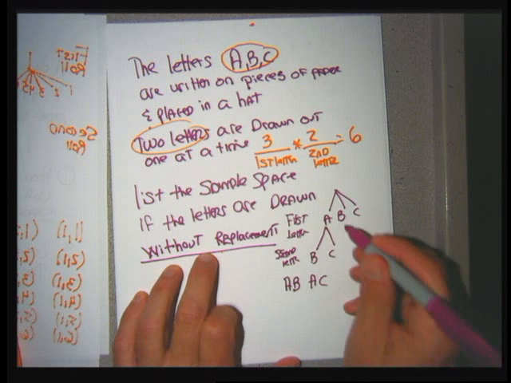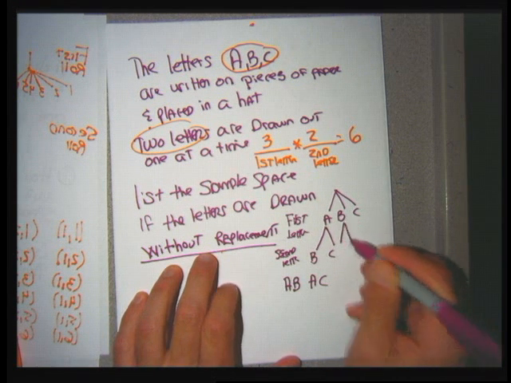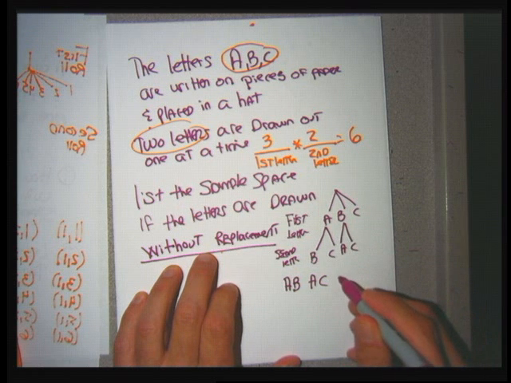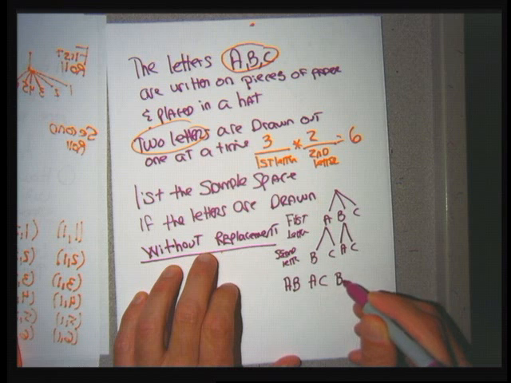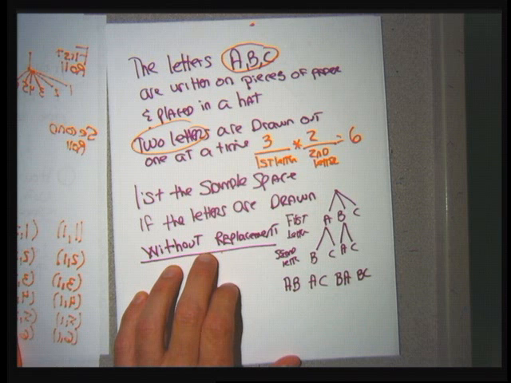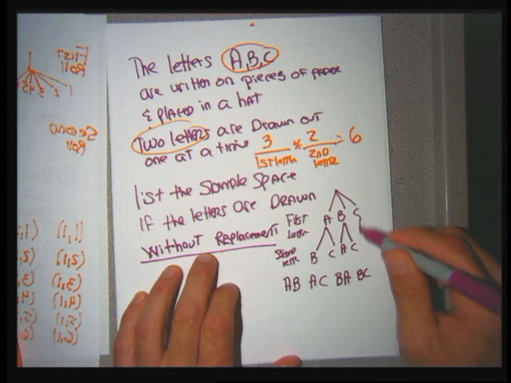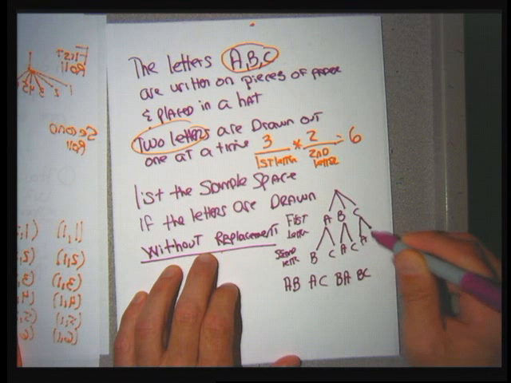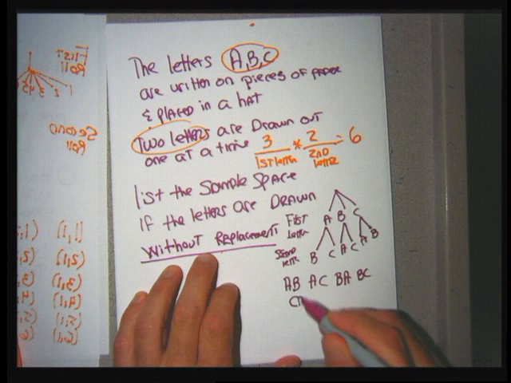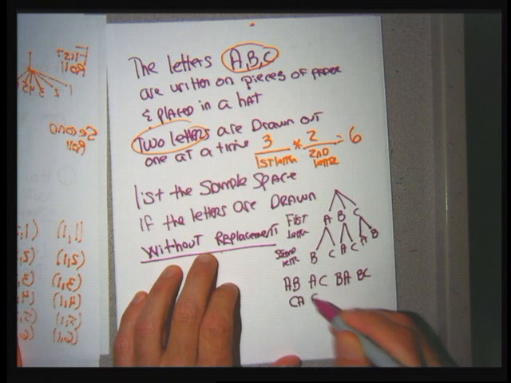If I draw a B first, I can't draw a B again, but I could draw an A or a C. So in my sample space, I could have a B first and an A second, or I could get a B first and a C second. And lastly, if C is the first letter that I draw, I can't draw another C, but I could draw an A or a B, and the elements in the sample space from getting a C first are a CA and a CB.